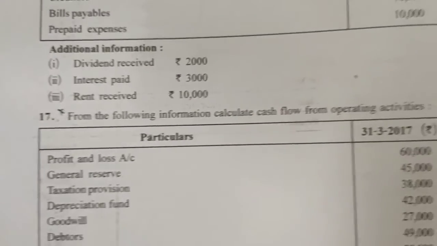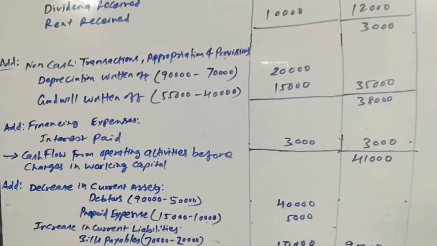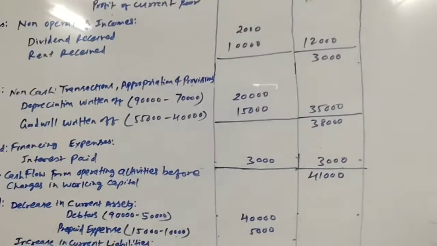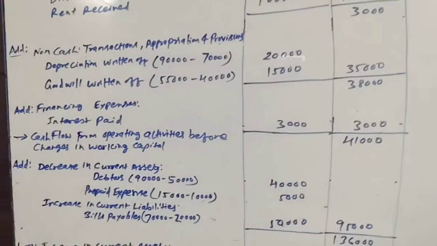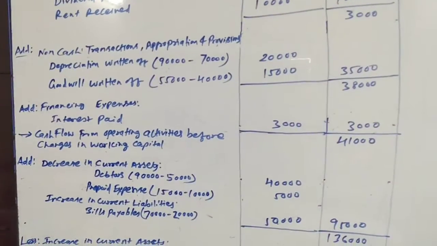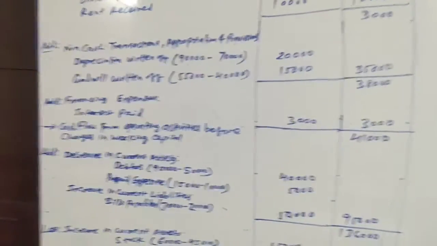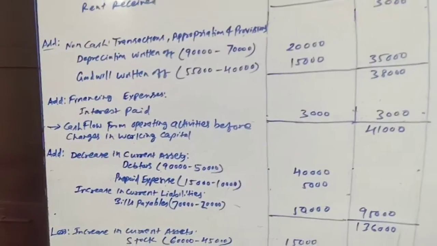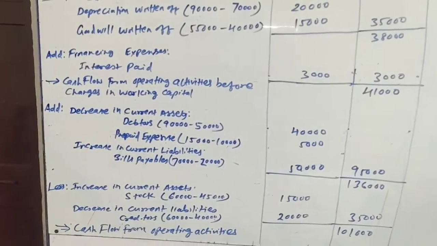So add financing expense interest paid rupees 3,000. When we add interest also, we get rupees 41,000, which is cash flow from operating activities before changes in working capital.